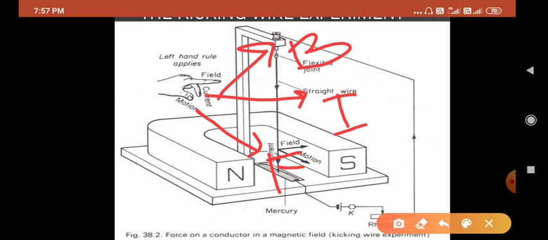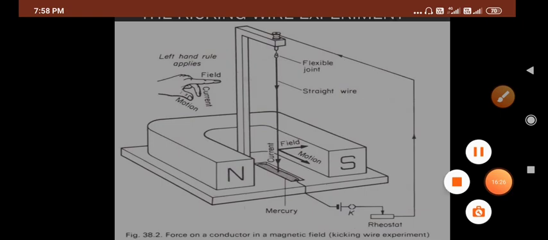This is Fleming's left hand rule, and in short, to know the directions you have to use this acronym FBI. F, force acting on the conductor, that is your thumb. B, direction of magnetic field, which will be indicated by the forefinger, and middle finger I, which will indicate your current. I hope you understood this. Thank you.